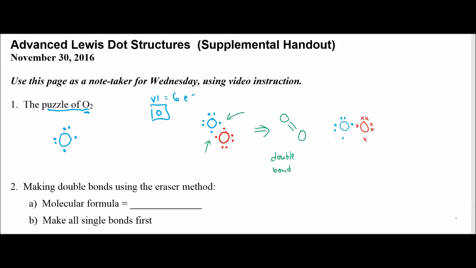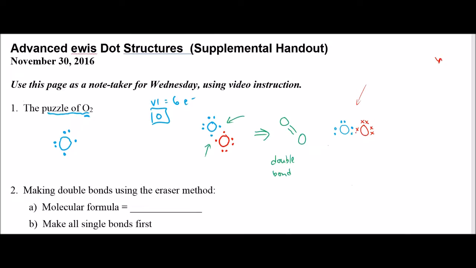So you may have gotten to something that looks like this originally, where you say, I can bond it, but I can't fill the octets. And then what you do is you take your eraser and you erase these single dots here, and then you move them to the middle, 1, 2, 3, 4 dots. And that's a double bond as well. It might look to you like simple math, O equals O. So if you see this in chemistry, think that's a double bonded oxygen. That's the O2 molecule, not simple math.